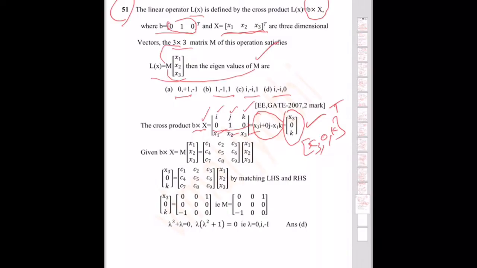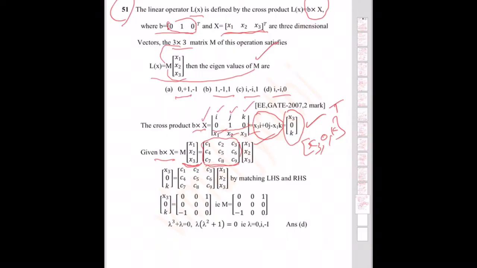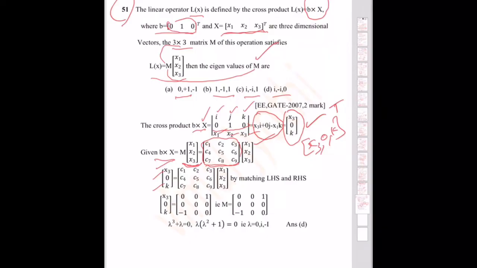We know that the cross product B cross X is equal to M into this, as given. Given that M is a 3 by 3 square matrix, suppose M is equal to C1, C2, C3, C4, C5, C6, C7, C8, C9, into this X. This is equal to B cross X, which is the column matrix x3, 0, minus x1.